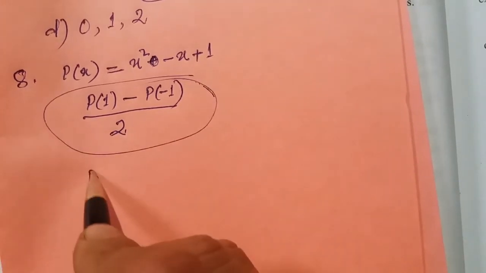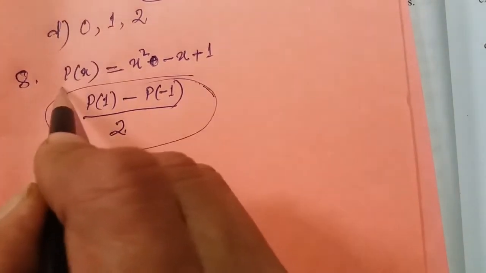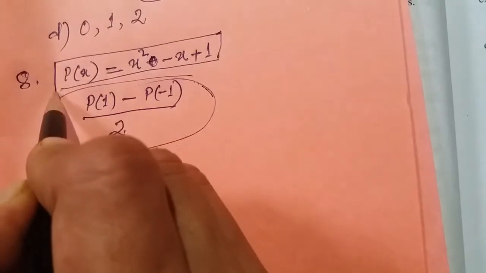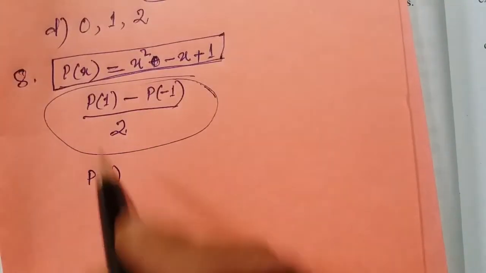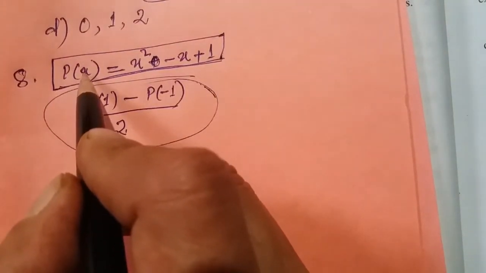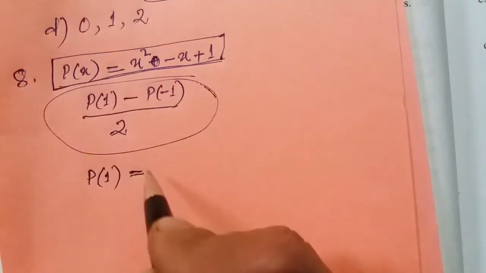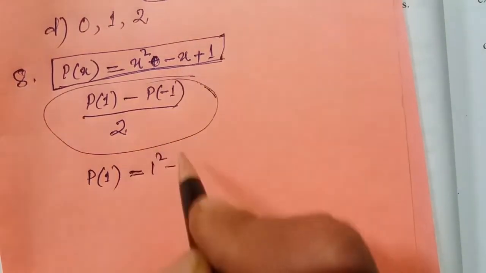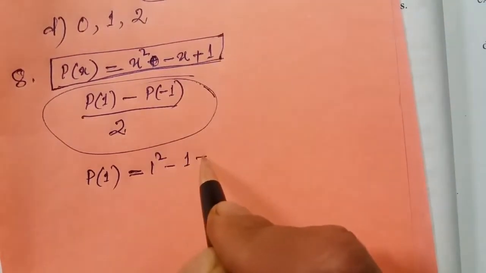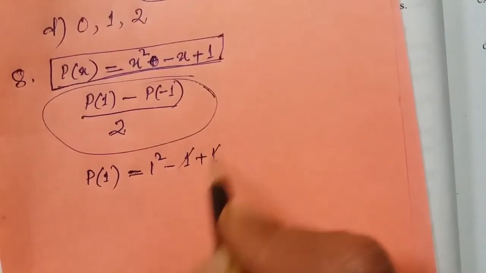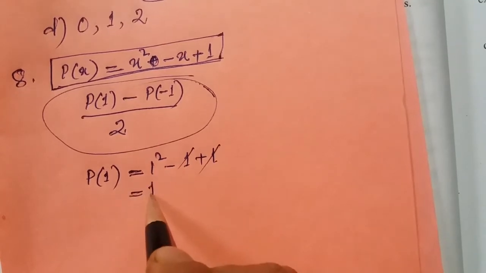If we say P(1), then we will replace x with 1 here. So it will be 1 square minus 1 plus 1. So minus 1 plus 1 is 0 already, and this 1 square is 1.